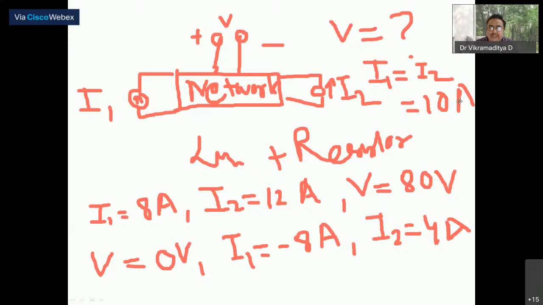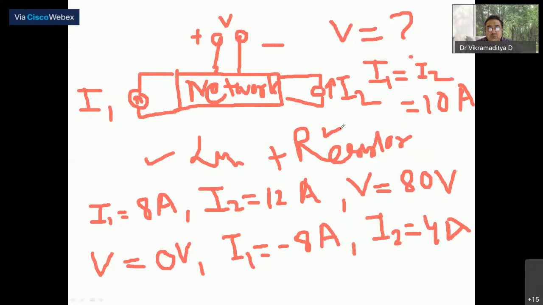Two things are given initially: it is linear and only contains resistors. So we can apply the superposition theorem. Nothing has been mentioned in the question about which theorem is to be applied, but you have to look into the question that, being linear with resistors and two sources, we can apply the superposition theorem.